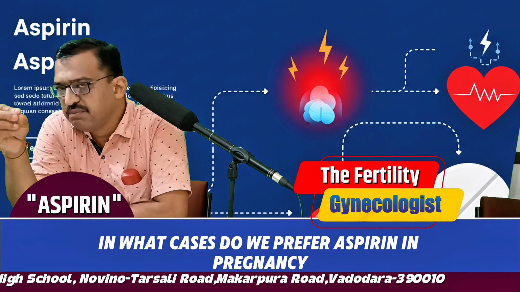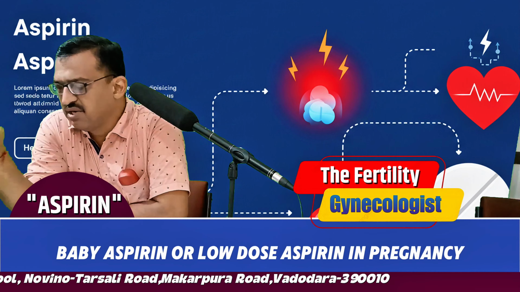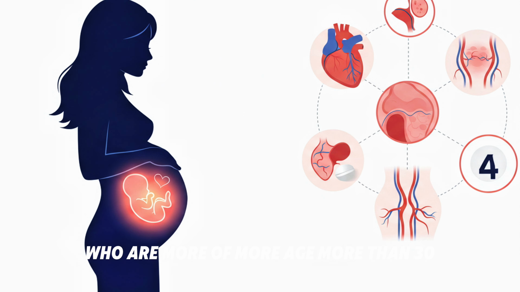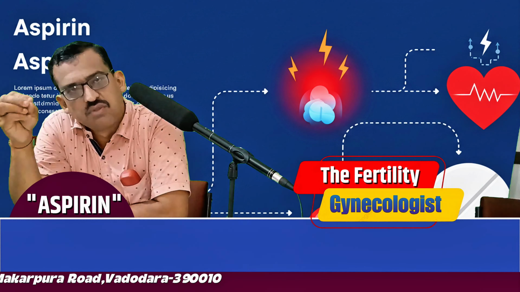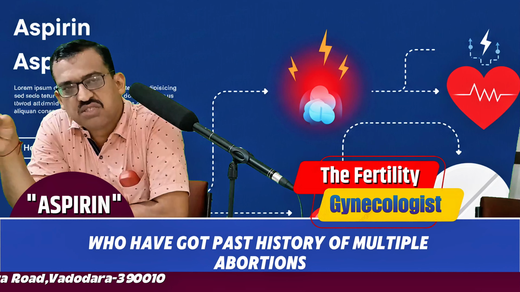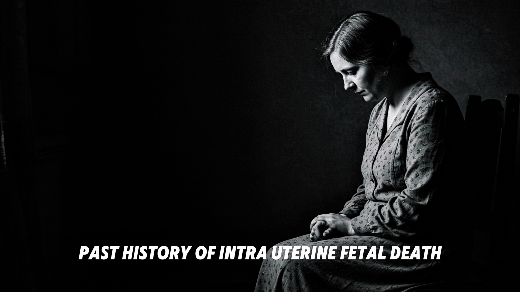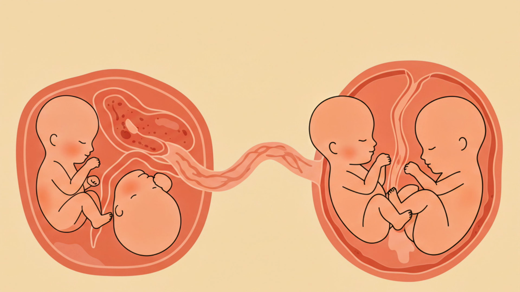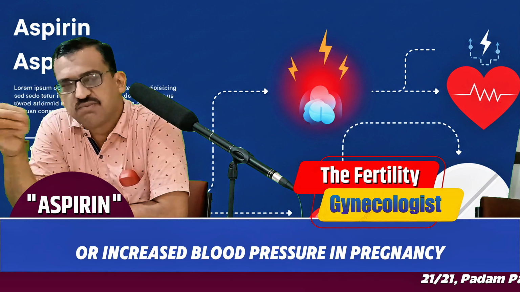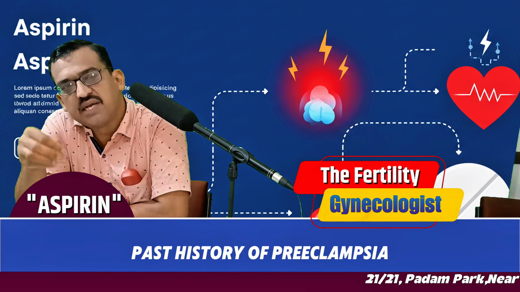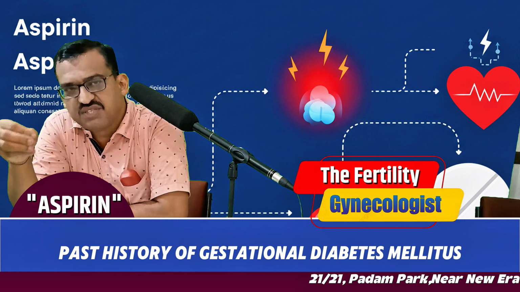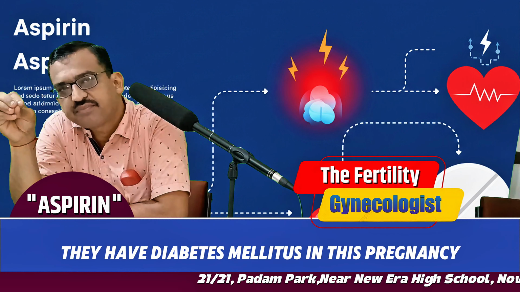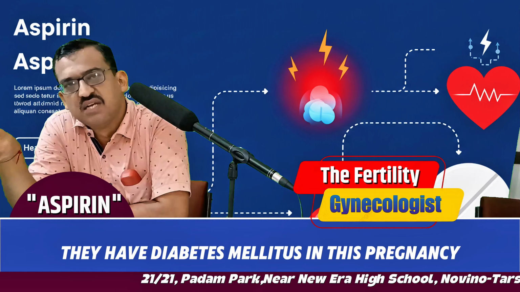In what cases do we prefer aspirin in pregnancy? Baby aspirin or a low dose aspirin in pregnancy? In all those females who are obese, who are more than 30 years of age, who have a past history of multiple abortions, multiple miscarriages, intrauterine fetal death, that means demise of the baby in the uterus, past history of hypertension or increased blood pressure in pregnancy, past history of preeclampsia, convulsion in pregnancy, past history of gestational diabetes mellitus, or they have hypertension or diabetes mellitus in this pregnancy.